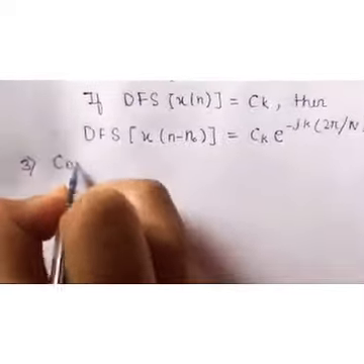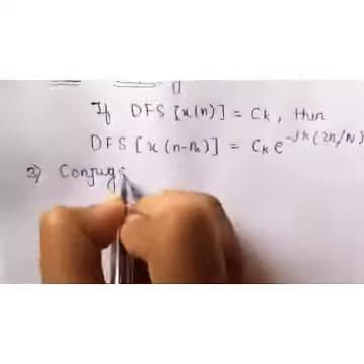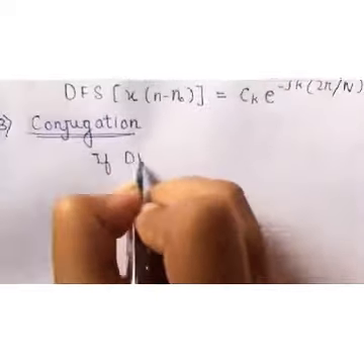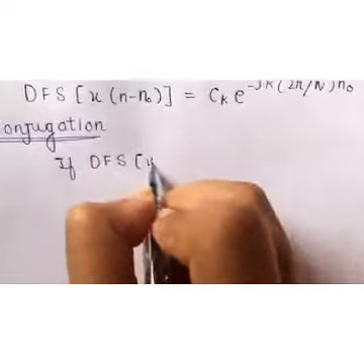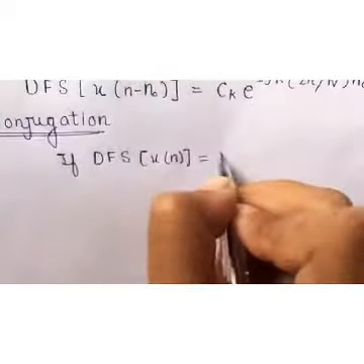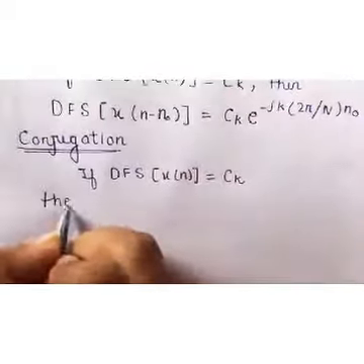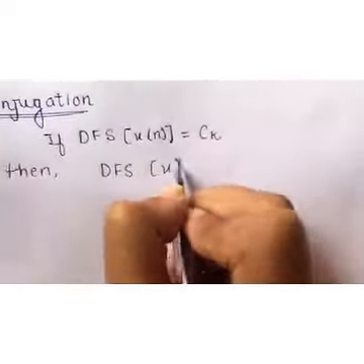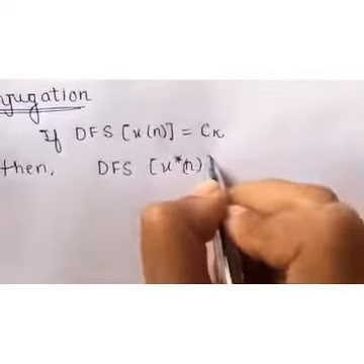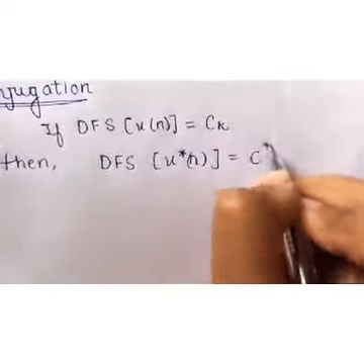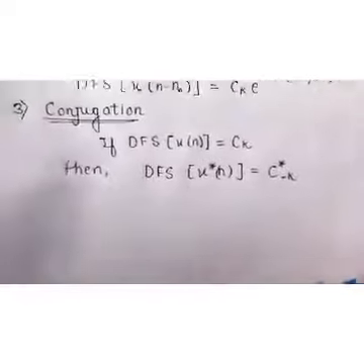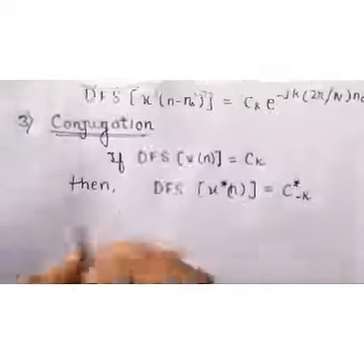The third is conjugation. It states that if the discrete Fourier series of x of n is c of k, then the discrete Fourier series of x conjugate of n is equal to the conjugate of c of minus k. That's the conjugation property.